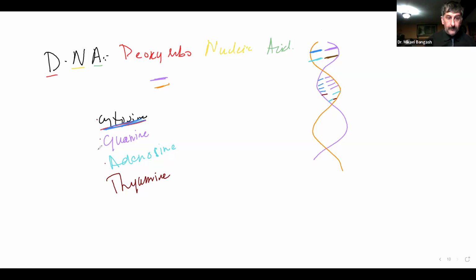We only have 4 bases, and as far as the combination is concerned, cytosine can only join with guanine.